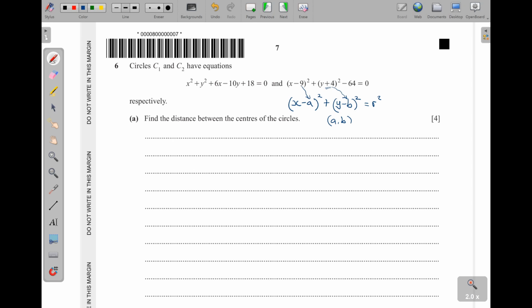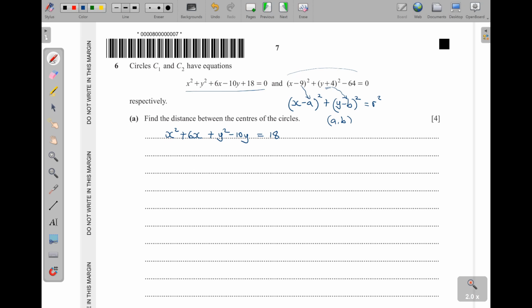Now, I'm going to also express this one in the completed square format as this one here. So we are going to complete squares on x and y. x squared, I can rearrange, plus 6x. Then y squared minus 10y. I can take the 18 this side. When I'm completing squares, already the coefficients of x squared and y squared are all 1.